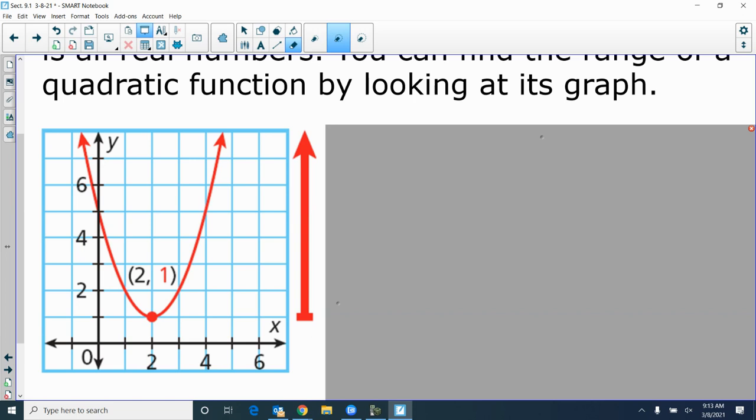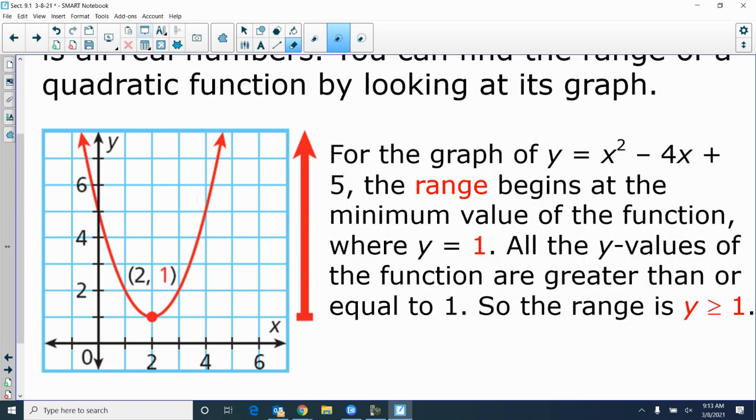It doesn't go below that line, does it? How would you describe what numbers it hits? 1 all the way up to infinity. So anything bigger than 1, right? So you're right.